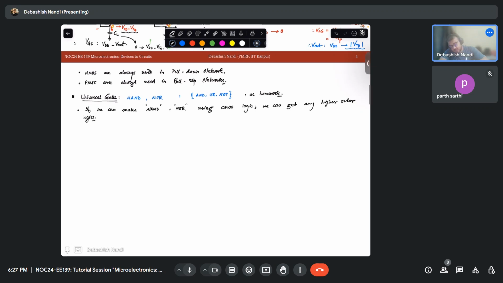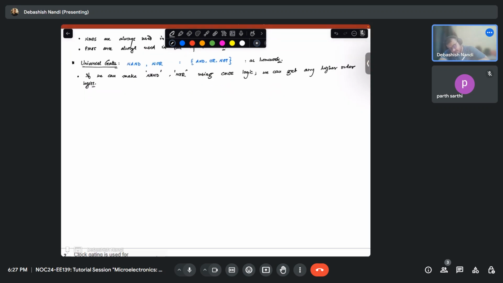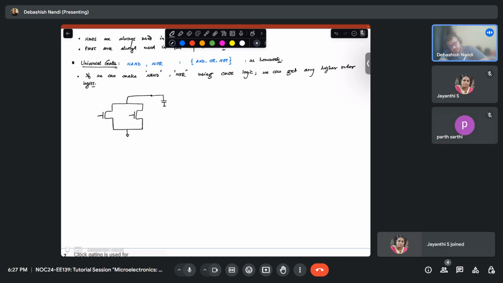How will you do that? Very simple stuff. First, let us look at the pull down network, or let's say this is your CL and this is your F or V out. Fine. So this is A and this is B. So can you tell me what kind of logic will this provide?